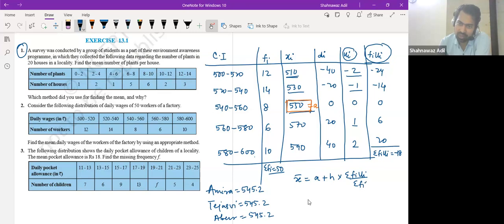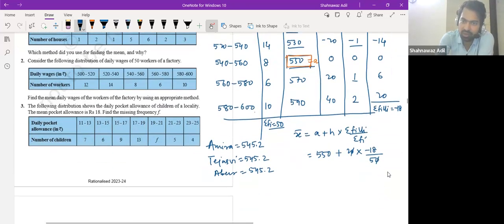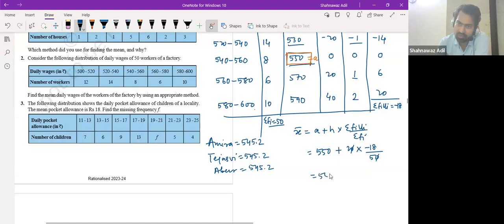Then this would be 550 plus 20 into minus 18 divided by 50. So what will we get? 550 minus 36 by 5. This is 7.2. Oh, where did I make the mistake?